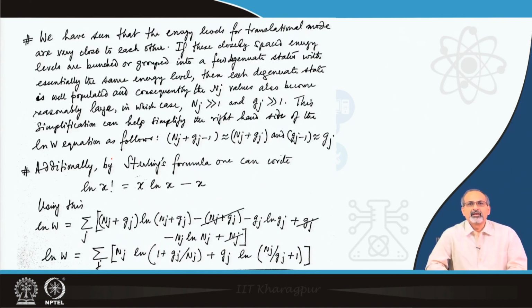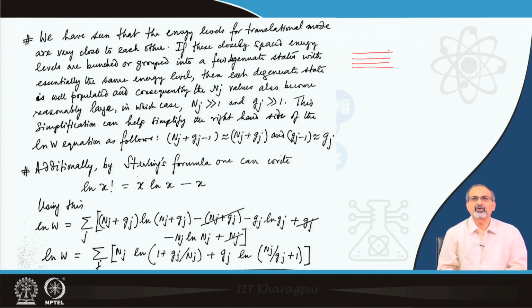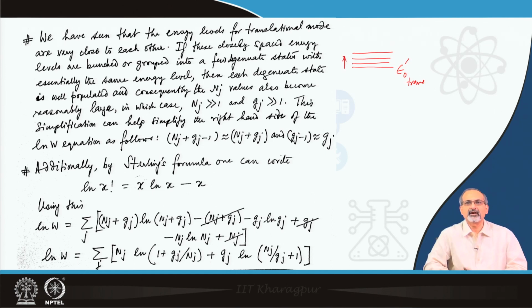If you remember the energy diagrams, you may recall that the translational mode energies were very closely spaced one after the other, starting from the lowest energy level, which we called E0 dash, with the subscript trans for the translational energy. These are very closely spaced, much closer than the other energy modes.